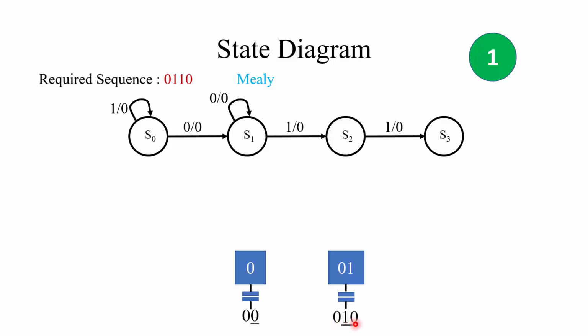The string is 010, and we'll take the last number of bits equivalent to the number of bits of the state, that is, the last two bits in this particular case, and compare them with our state in order to determine our next state. If this matches, then we will stay at S2, at the same state. If this doesn't turn out to be a match, as in our example, then we'll take the last one bit and compare it with state 1.